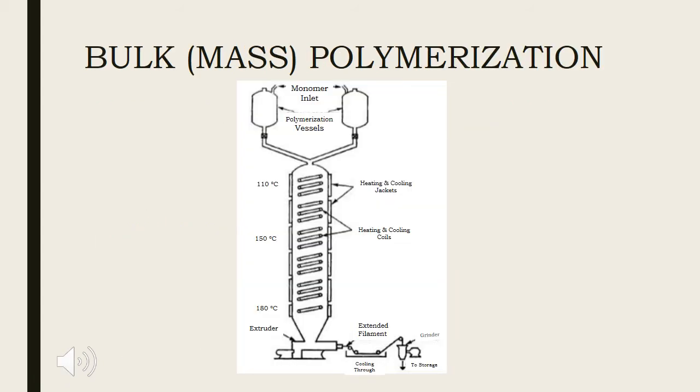Bulk or mass polymerization is a simple technique that gives a polymer of high clarity and good electrical insulation. Styrene is polymerized by heating in a pre-polymerization kettle at 80 degrees centigrade for 2 days until 33 to 35% conversion into polymer is reached. The monomer mixture is run into a tower about 25 meters high.